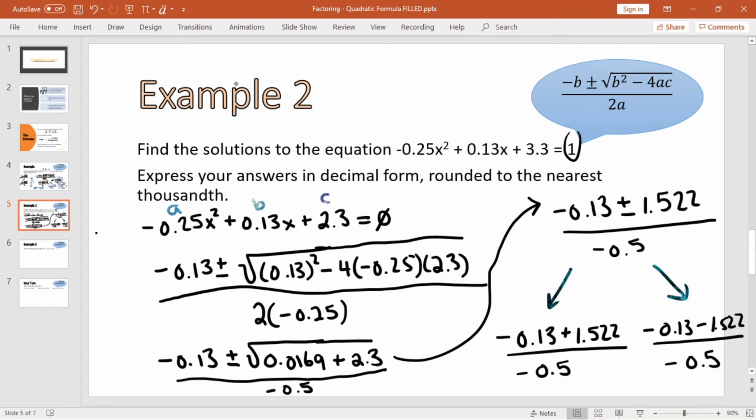And when I do that, and of course I ran way out of room, I'm going to answer up at the top. So the one that was plus is going to return a negative value. That's from our first fraction, and then the negative divided by negative is going to return a positive. So those are my two solutions.